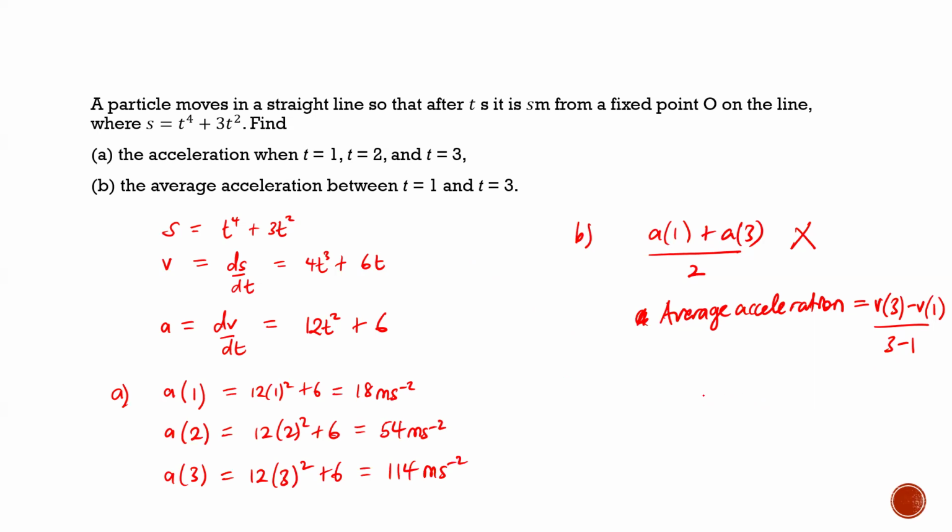Using this expression, that would be 4 times 3 cubed, which is 108, plus 6 times 3, which is 18, giving 126 meters per second. Minus the velocity when t is 1, which is 4 times 1 cubed plus 6 times 1, which is 10 meters per second. This divided by 2 seconds gives us the correct answer of 58 meters per square second as the average acceleration between t equals 1 and t equals 3.